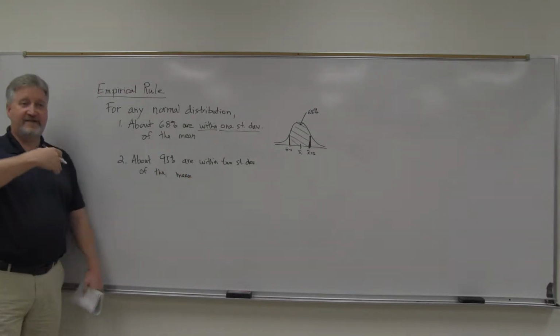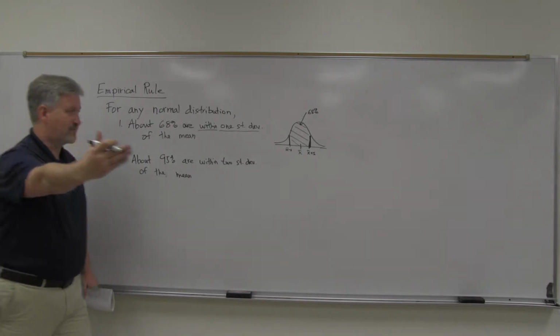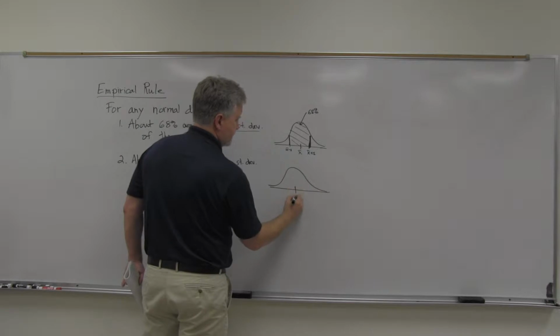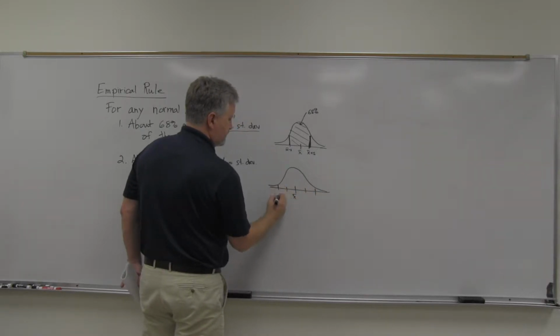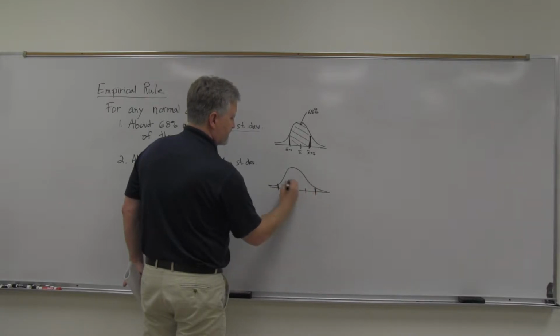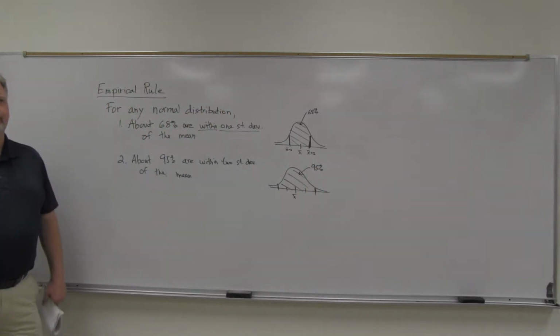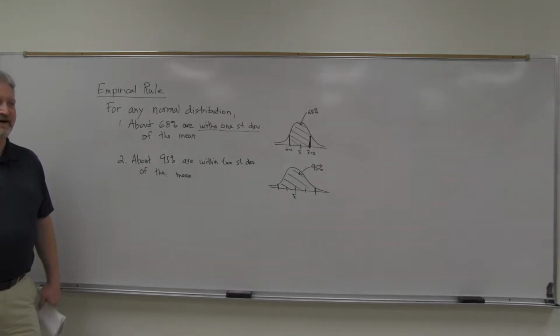So, if we extend it out, instead of going 1, we go 2 each way. So here's our mean. So if I go 1 and then a second one, and then 1, 2 back, that's going to capture, percentage-wise, 95% right there. So 95%, that doesn't leave a whole lot not in there, right?